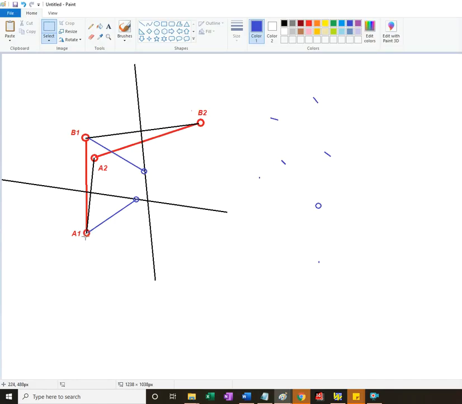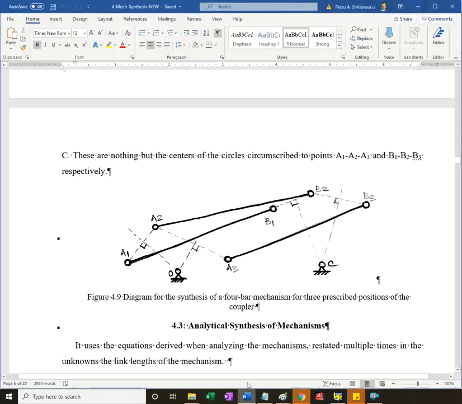Say this is the garage door, and you don't have to have the joints A and B right at the ends of the garage door. So if I can get along and offset, I get additional freedom to size the mechanism. But if we impose A1, A2, B1, B2, and I want the joints to be at A and B, for 3 positions, there's just one solution, like I said.